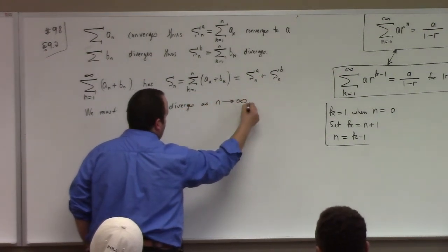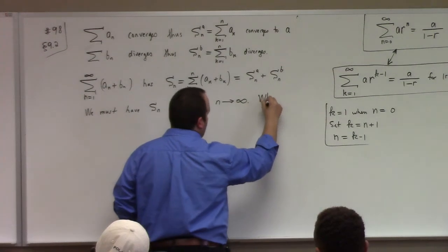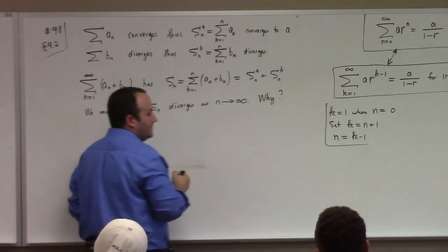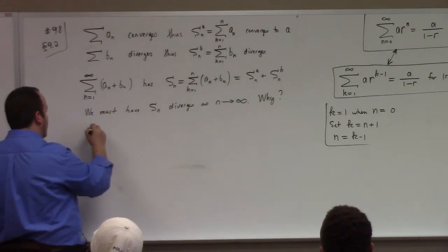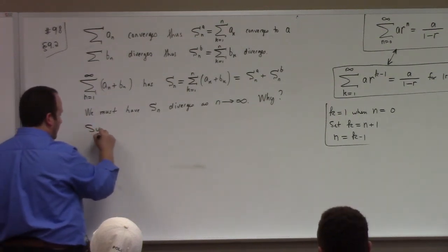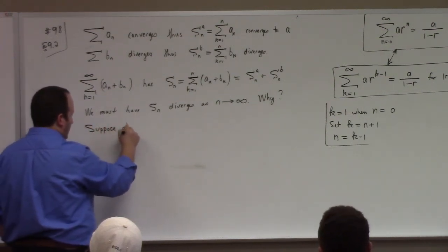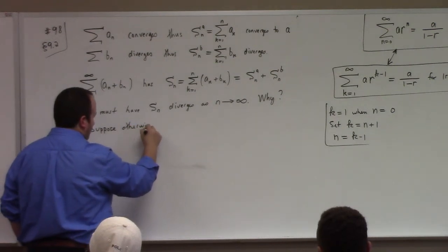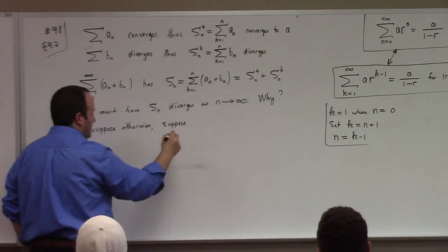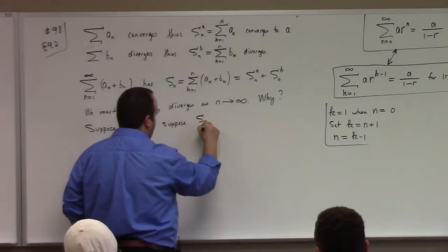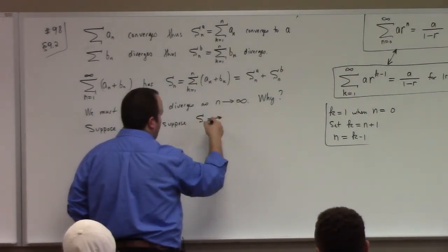Let me show you why. Why, you might ask, right? So I'm going to show you a proof technique which is called contradiction. Suppose it did converge. What would that say? Suppose otherwise, that is, suppose that Sn goes to whatever you want to call it.